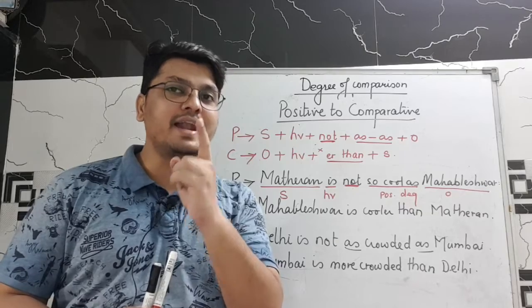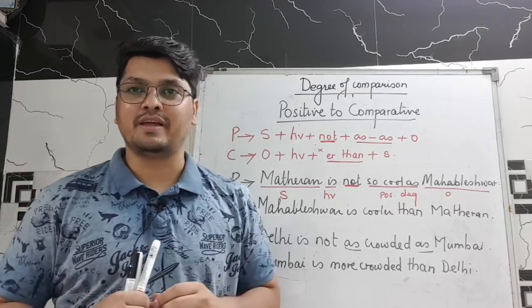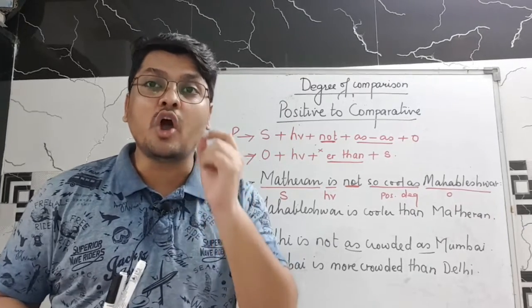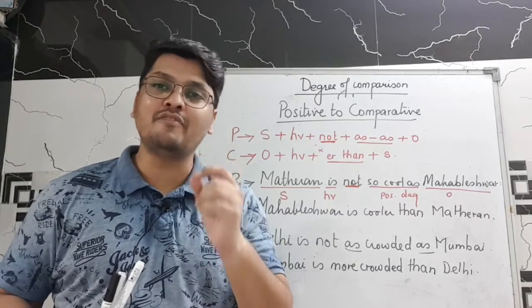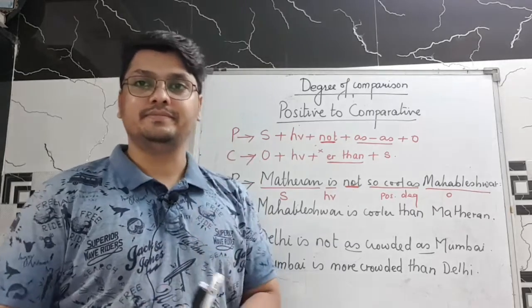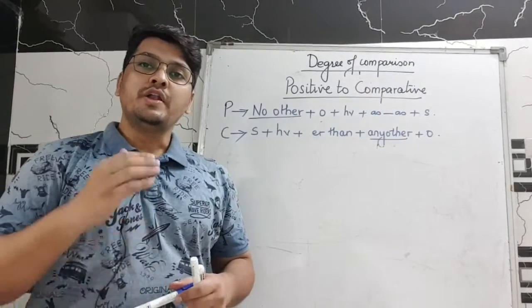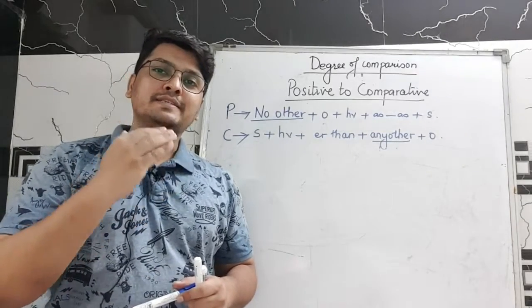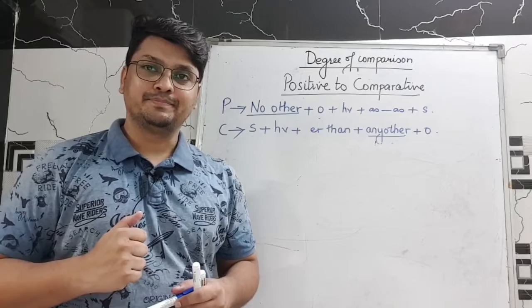But now in this type of positive degree, you will see one specific and another one is not specific. And that positive degree sentence starts with no other. So we will solve positive degree that starts with no other.